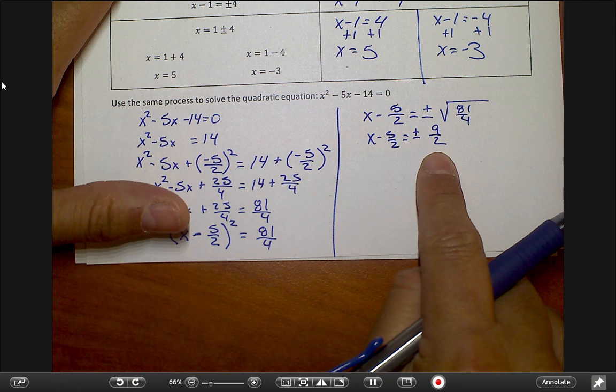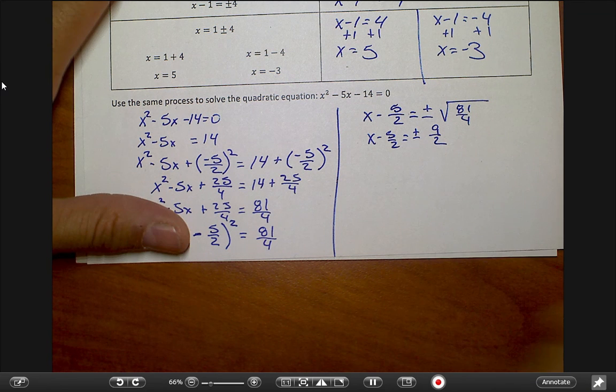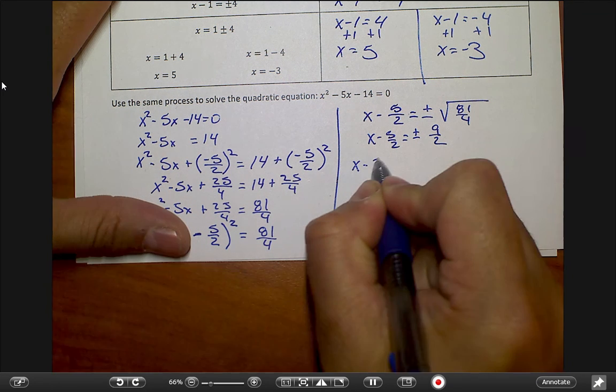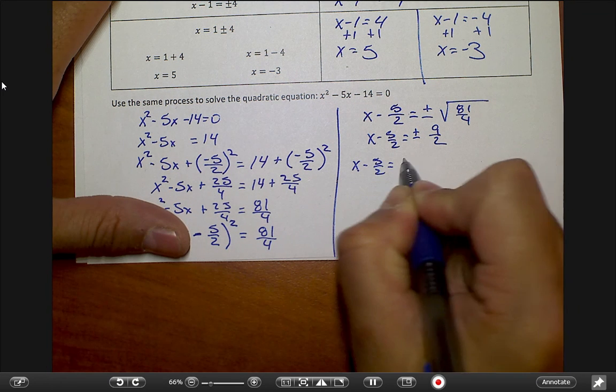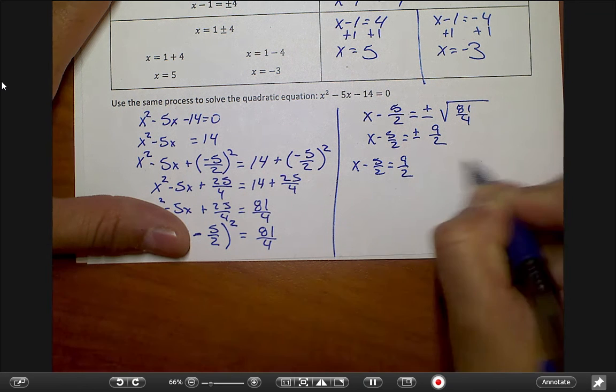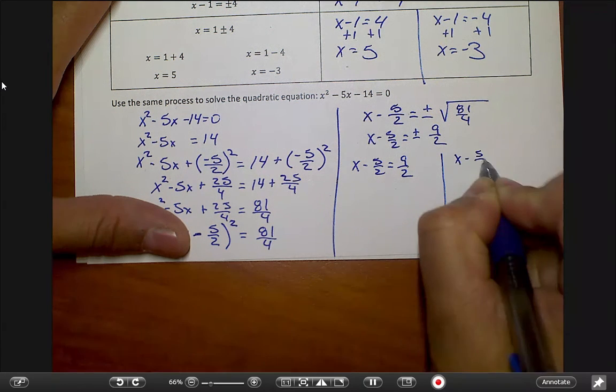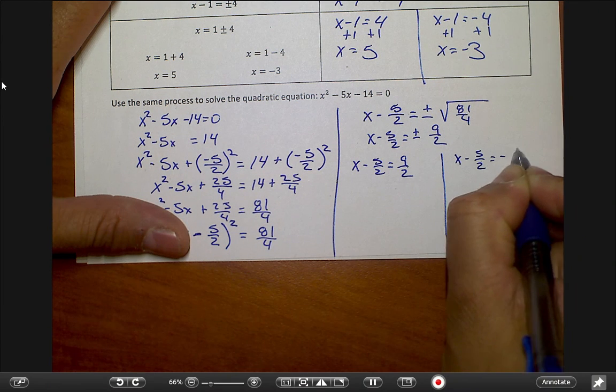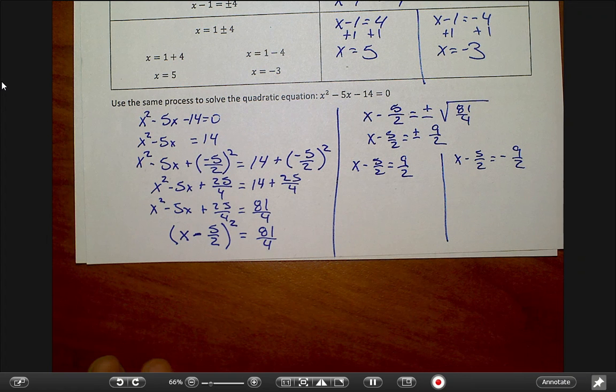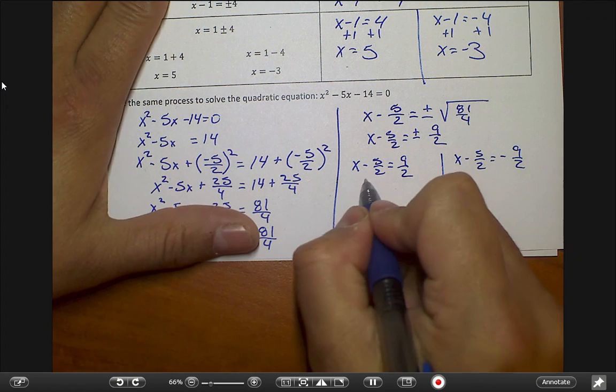Now from here, I'm going to separate my answers. x minus 5 over 2 equals a positive 9 over 2. And x minus 5 over 2 equals a negative 9 over 2. Now I'm going to add 5 over 2 to both sides.